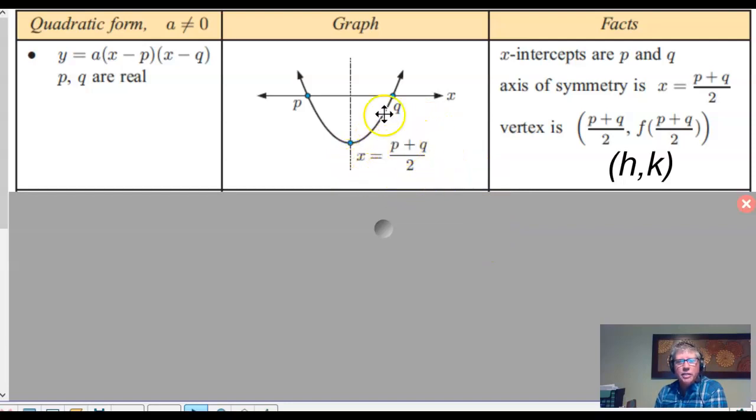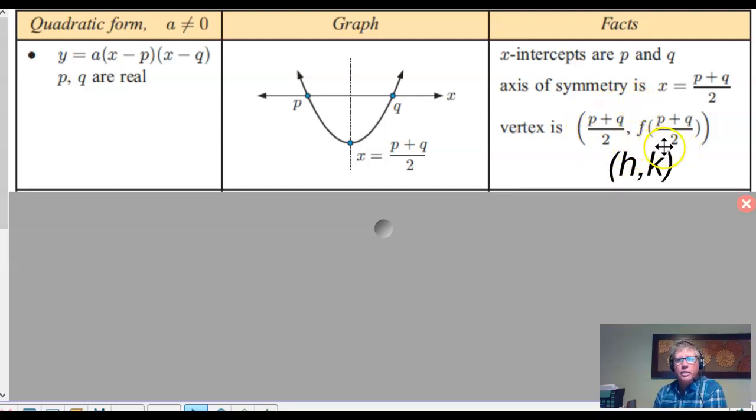These are the little cool things. It sure makes sense that the vertex is going to be right in between that because there's symmetry. So how do you find the number in between? You find the average. All of a sudden you have the x coordinate of the vertex. Oh, that's pretty cool. So if you knew the x coordinate of the vertex, how would you find the y coordinate of the vertex?